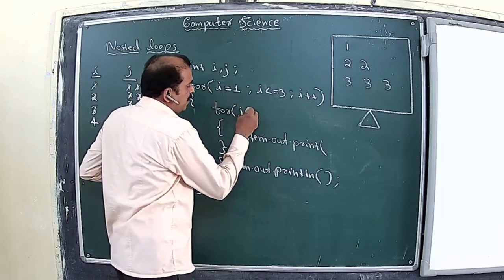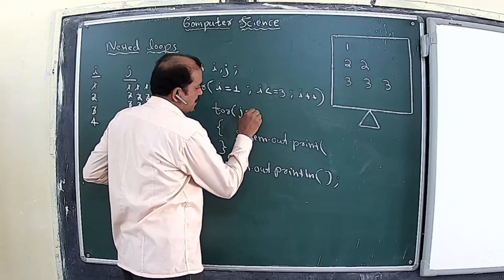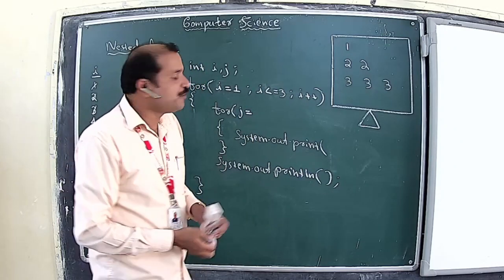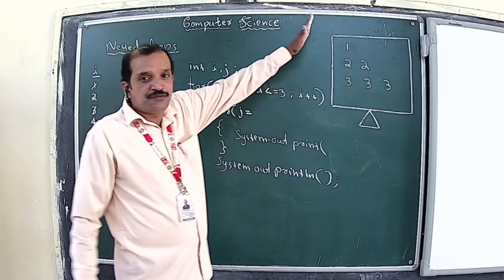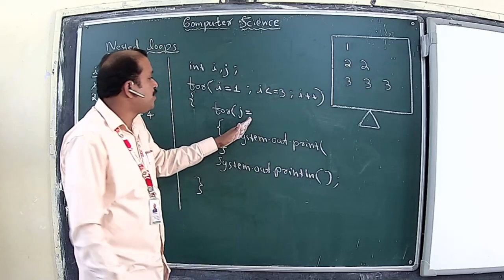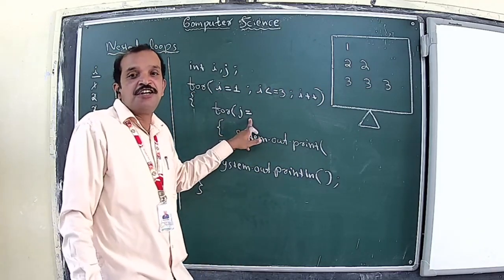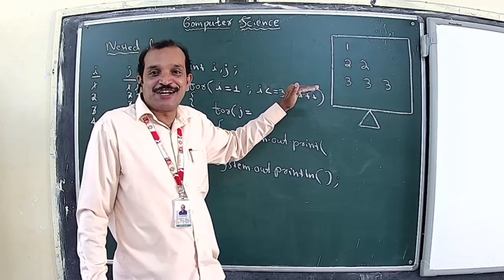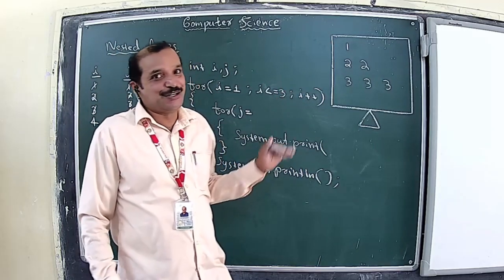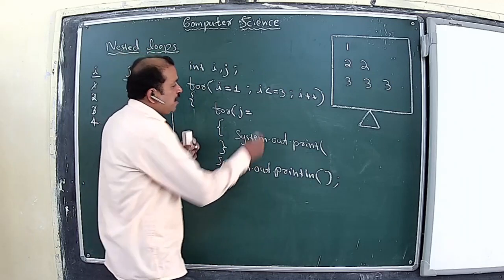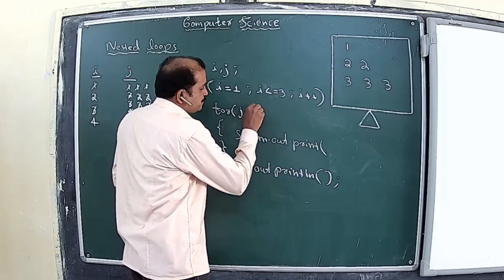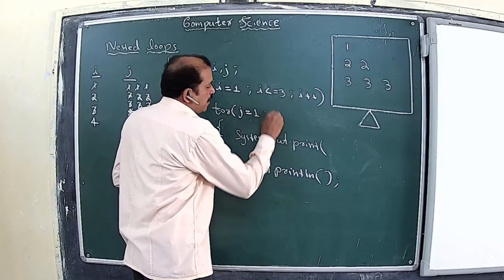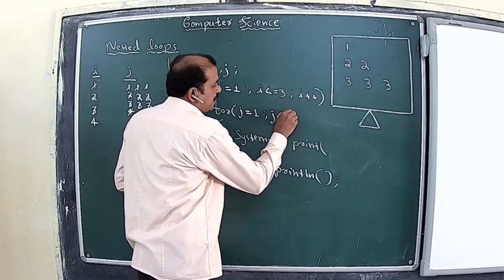Now, as part of the inner loop, j can start with 1. The inner loop iteration should take place 1 time in the first row, 2 times in the second row, and 3 times in the third row. Therefore, definitely we will start with 1 and less than or equal to.